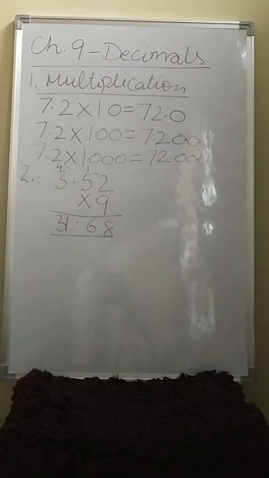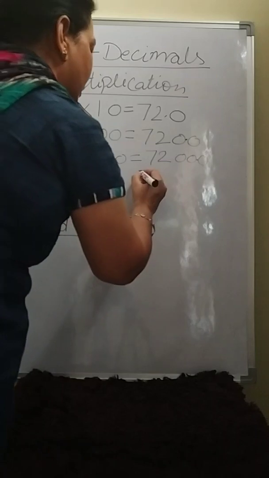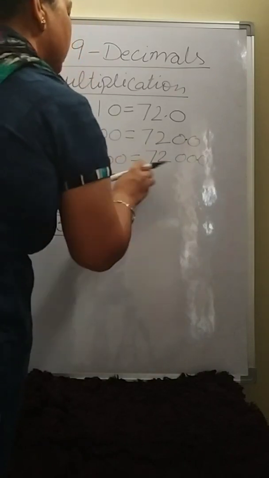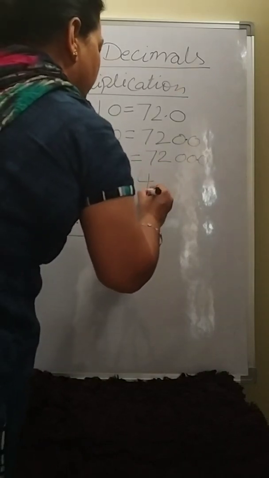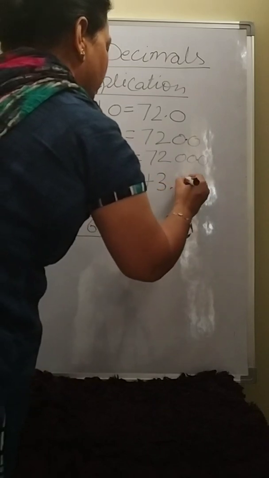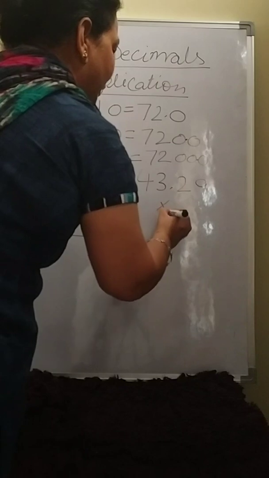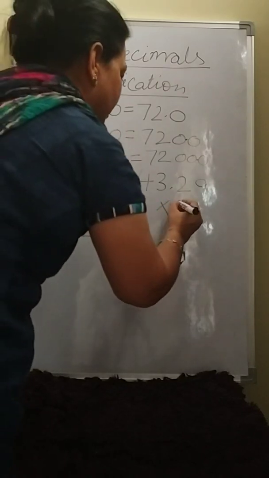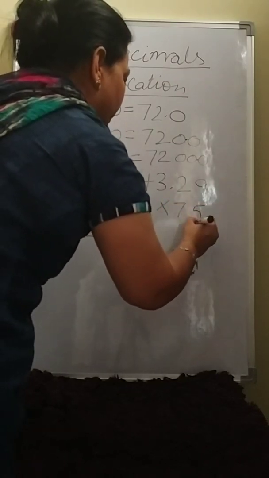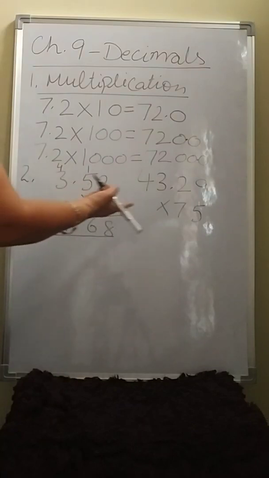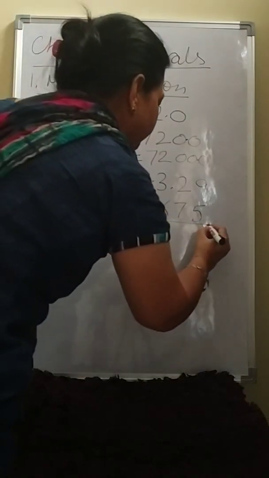We can take another number. Suppose we take the number 43 into 29. We multiply it by any two digit number. Suppose we take 75. Here we multiplied by a one digit number, here by a two digit number.